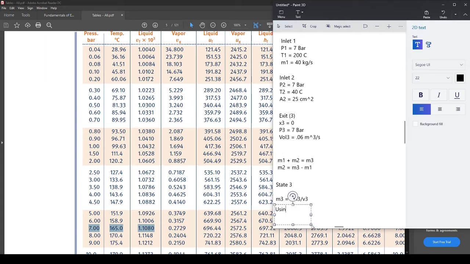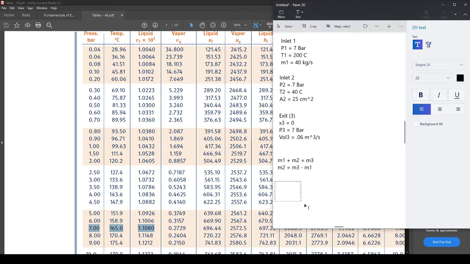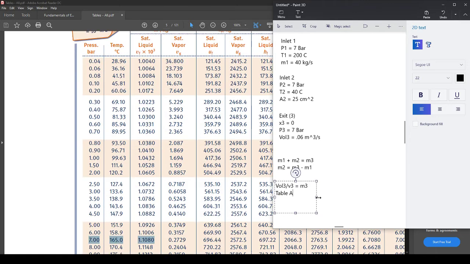So using table, no, I have done it again, ladies and gentlemen. So I'll write this out again. So vol 3 divided by V3 is equal to m3, right? And so we go to the table. So table A3, I think this one is. Yep, table A3.